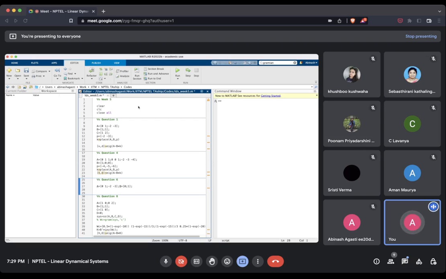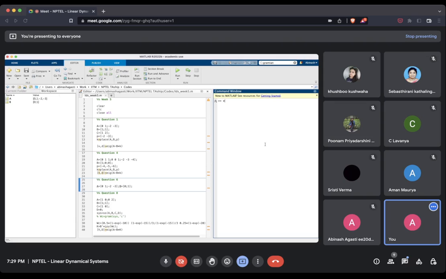First, let us find the eigenvalues of this matrix. The eigenvalues are at -1 and -2, just like we had wanted.